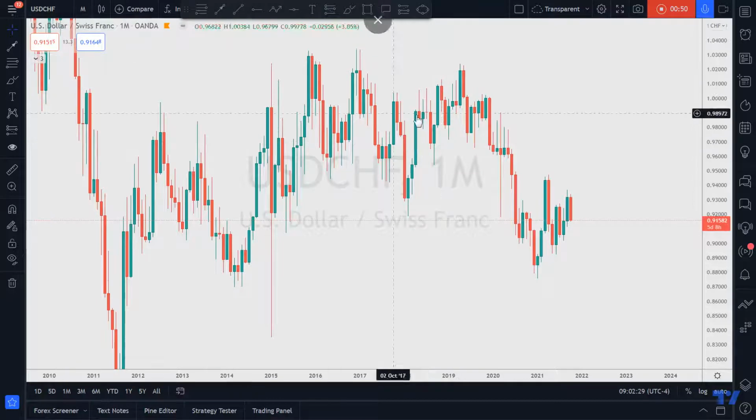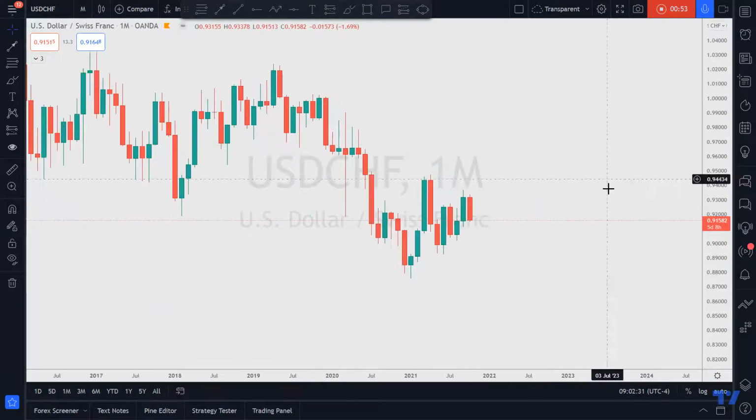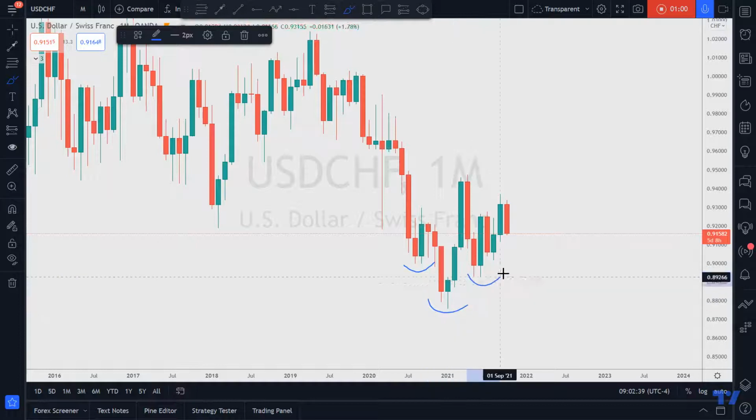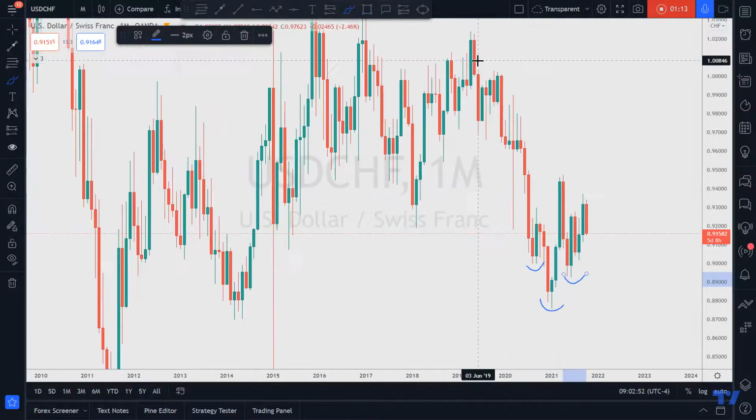Now we're looking at the monthly. What do we notice? What jumps right off the bat is this thing here. This is a transition from bearish to bullish momentum. This is an indication that price may want to reverse. You can see it whenever it hits these peak points, price will give you that higher, lower, head and shoulders situation.